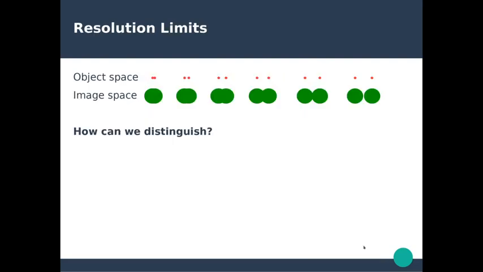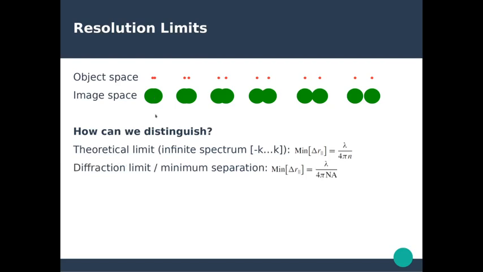If we have two objects placed close to each other in space, we end up with two overlapping point spread functions. So it's going to be difficult to distinguish the two objects. So how can we actually distinguish them? You can look at the theoretical limit if you consider an infinite spectrum of k-vectors, and this is what you get for the minimum distance if you want to resolve them.